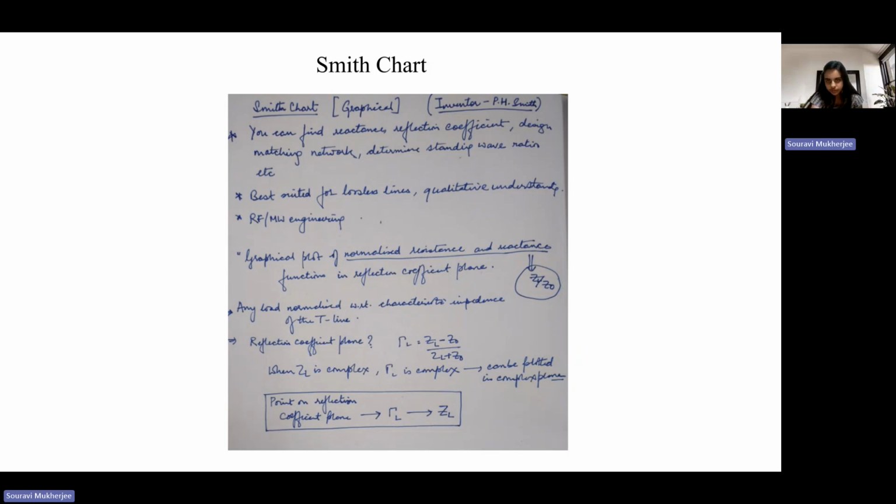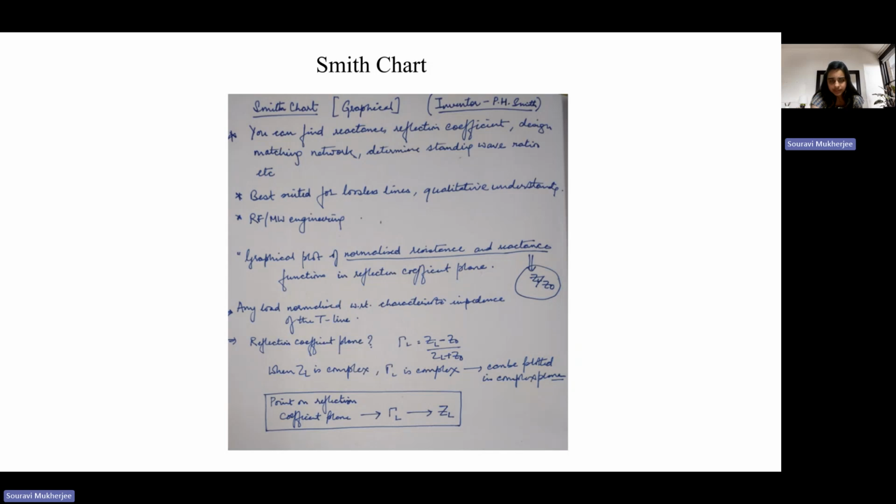Now, why it is required is that you can use it to find reactances. Suppose you know the load impedance, and you know the typical dimensions of your circuit, like your transmission line, what is the length and all that. And then you want to find what is the impedance at the source. All this kind of calculation can be done graphically using the Smith chart.